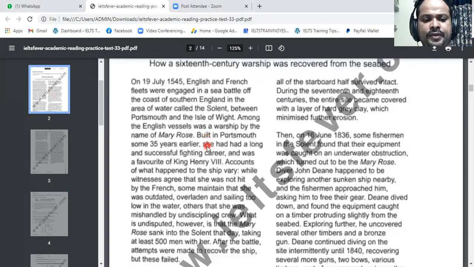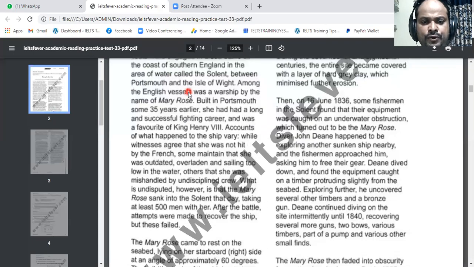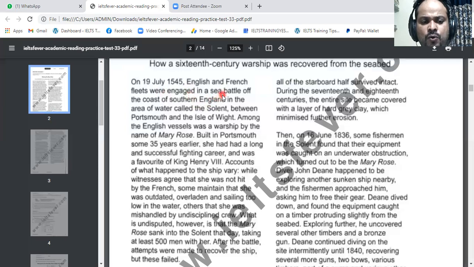Yes, it is there. Let's say this is the first paragraph. You can go ahead with the passage and see whether something is striking you. Yes, I got it.